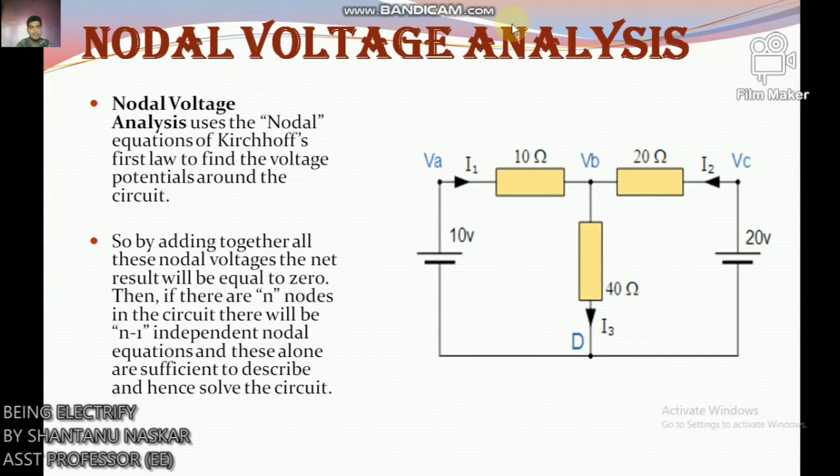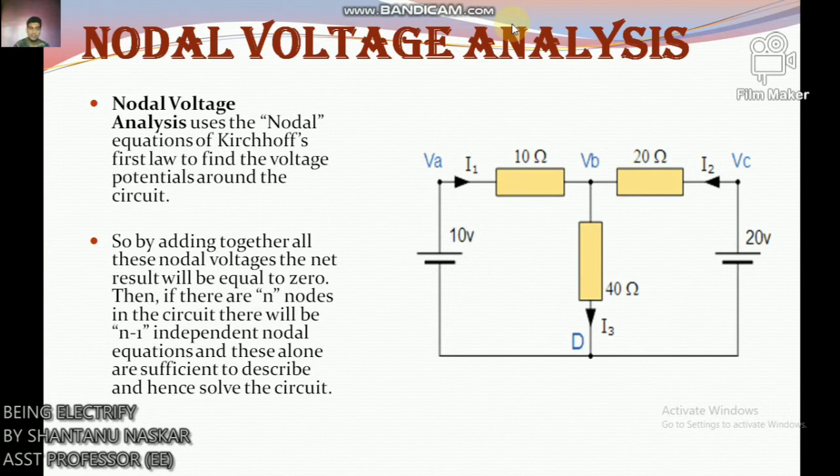It complements the previous mesh analysis in that it is equally powerful and based on the same concept of matrix analysis. As its name implies, nodal voltage analysis uses the nodal equation of Kirchhoff's first law to find the voltage potential around the circuit.